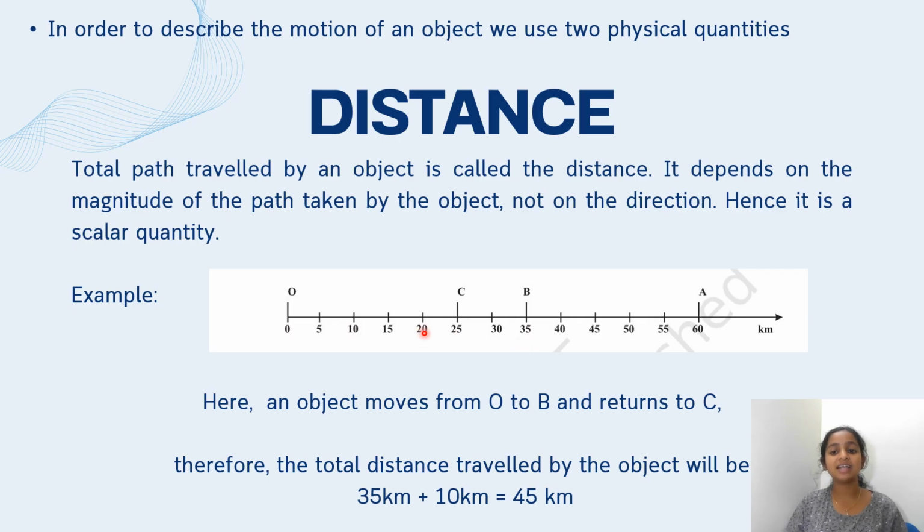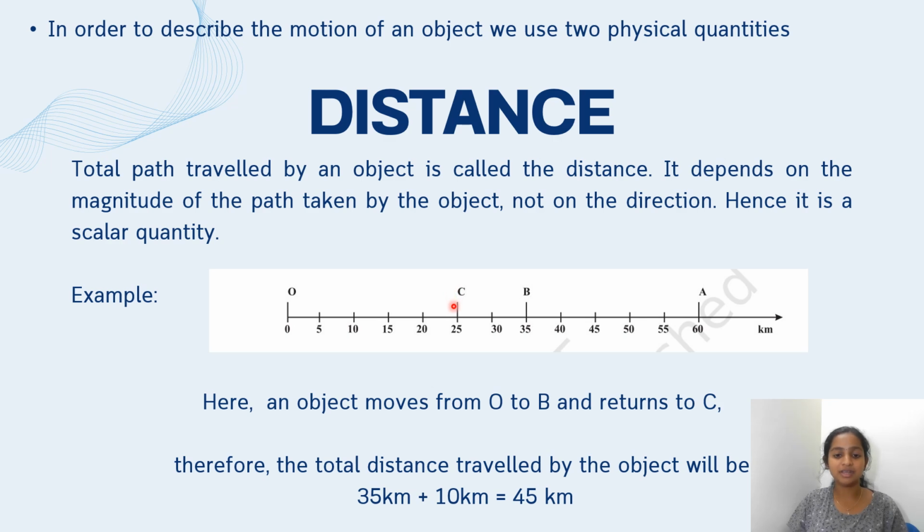So imagine that a person who was standing at position O moves to position B. He travels from 0, maybe in a rectilinear motion, straight line motion, and he reaches position B. And from there, he is coming back to C.